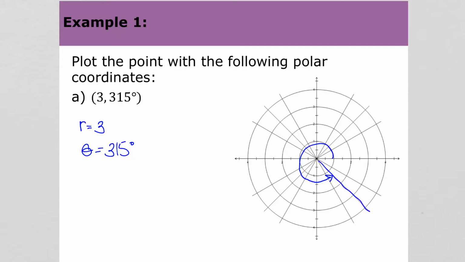So it'll be on this line here. 3 is the distance between the pole and your point. So this would be 1, 2, 3. So this is the point 3, 315 degrees.